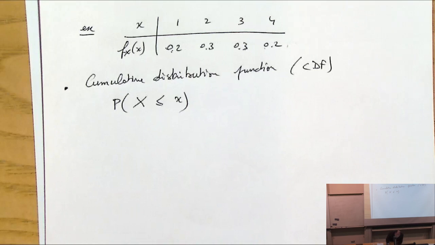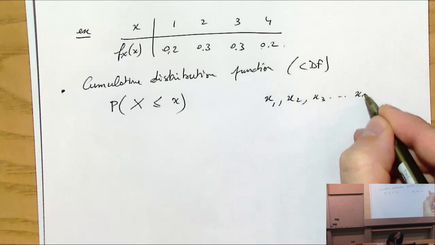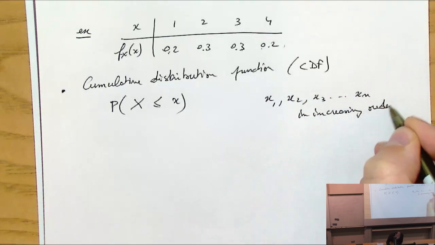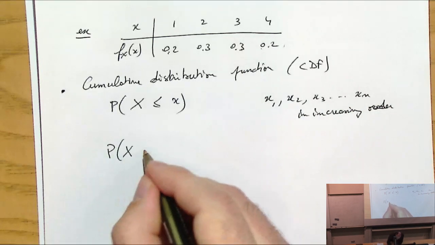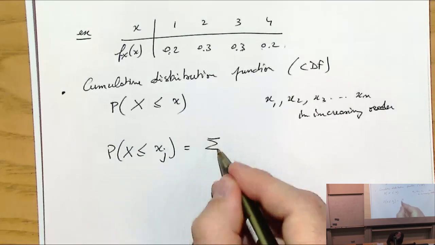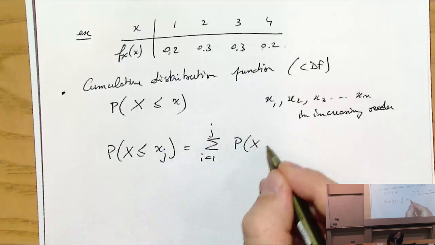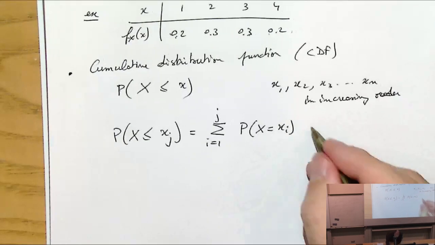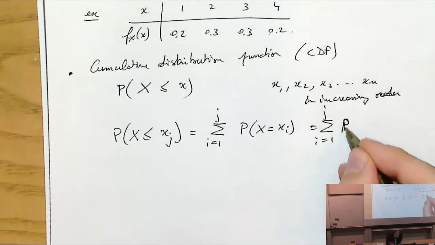So if you take x1, x2, x3, all the way to xn in increasing order, then P of x smaller than or equal to, say, xj will be the sum for all values of i all the way to j of the probability of x being equal to xi, or the sum from 1 to j of p of i.